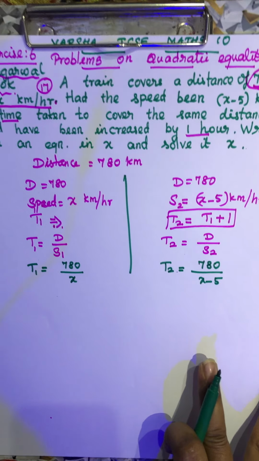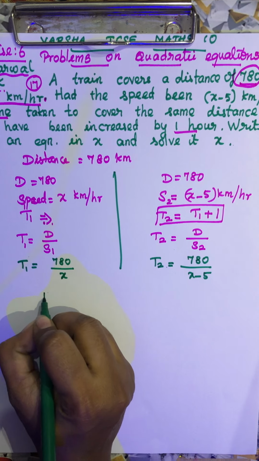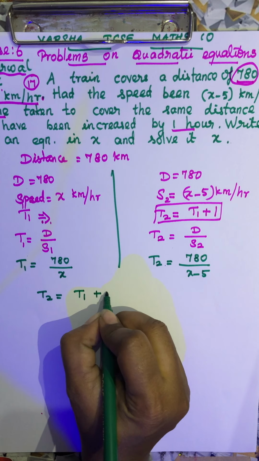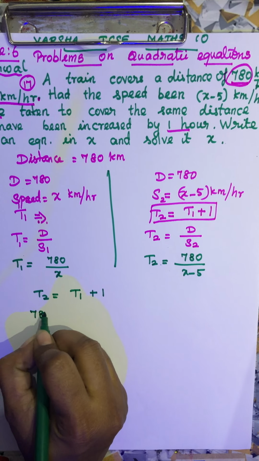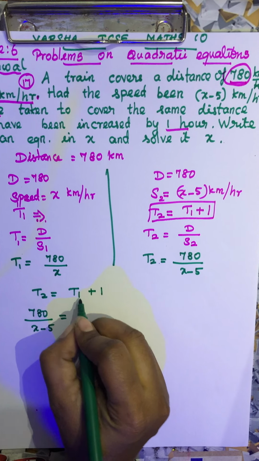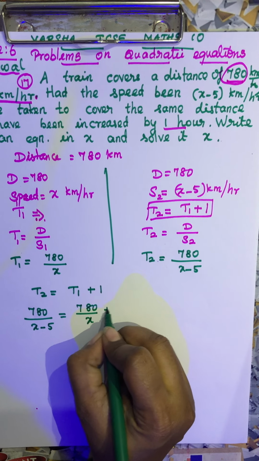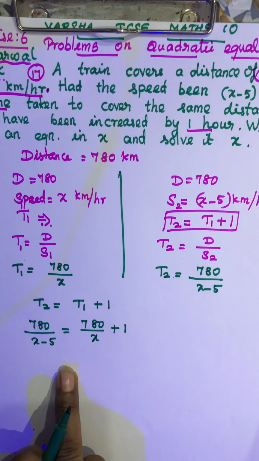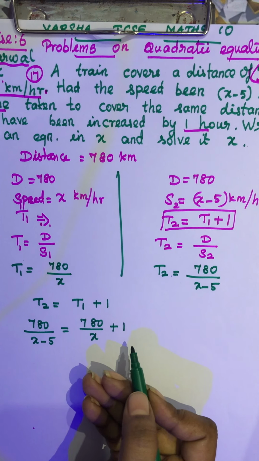So you have got the equation: t2 is equal to t1 plus 1. T2 is 780 by x minus 5, and t1 is 780 by x, plus 1. Do you catch my point? Now you can find the value of x.